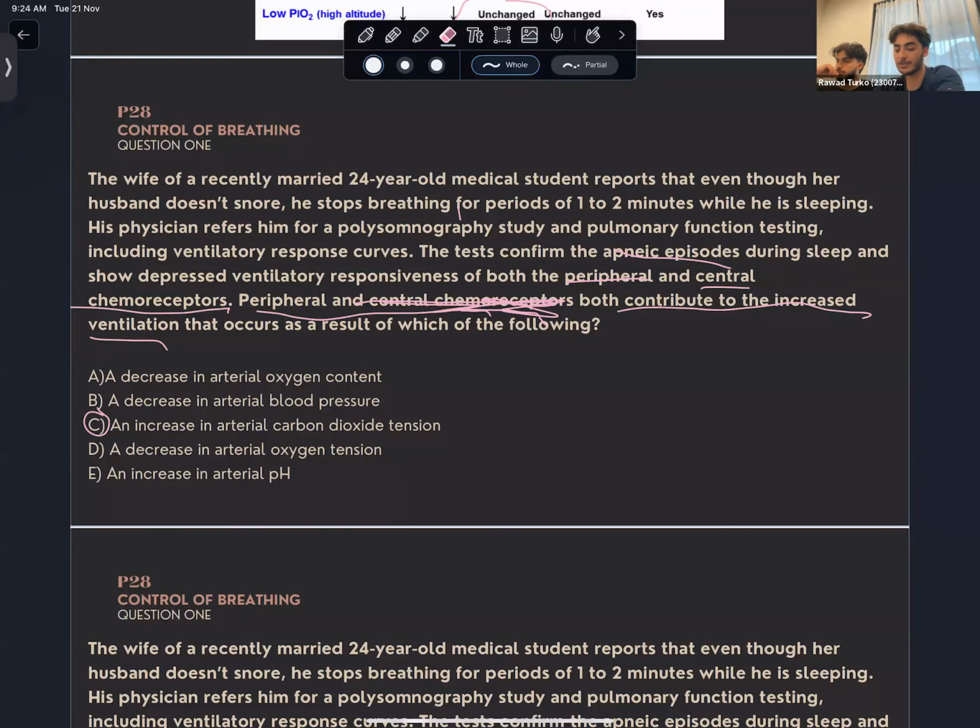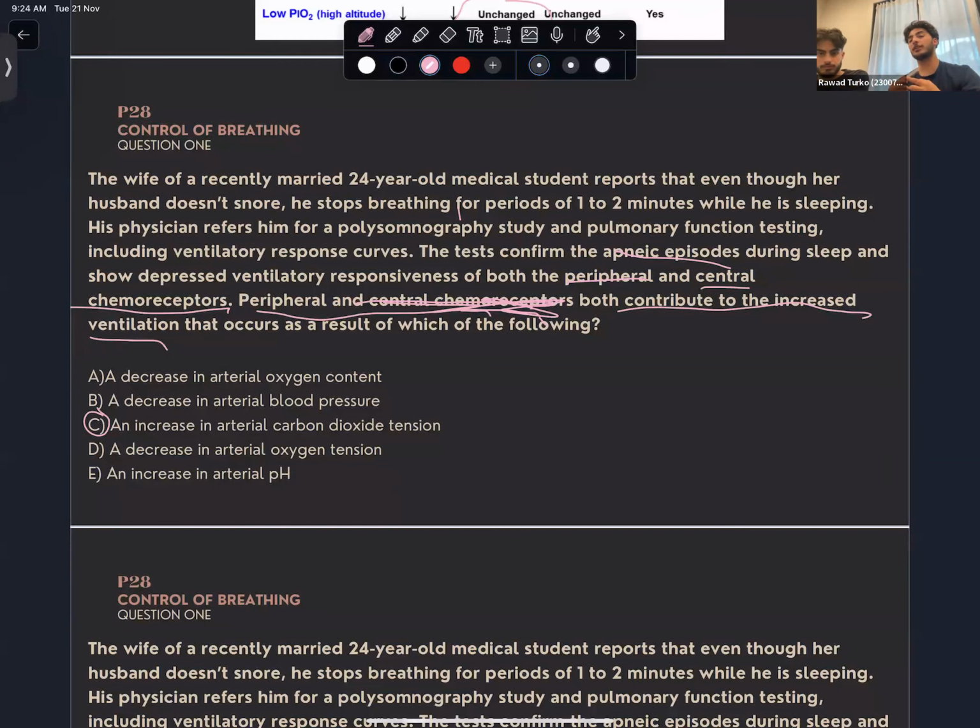The decrease in carbon dioxide tension, which means pressure as well. Decreased H+, which means increased pH, right? Does that make sense? So it wouldn't be E, because it says an increase, and it's actually a decrease in pH. Do you guys understand?